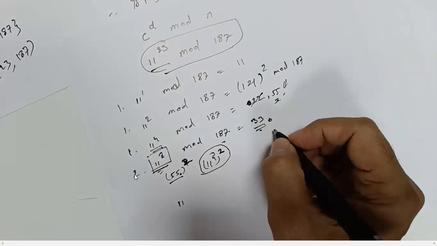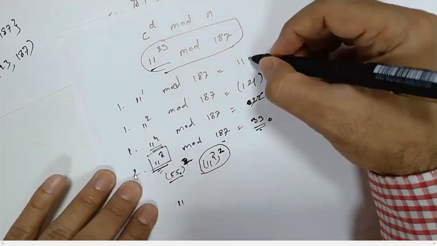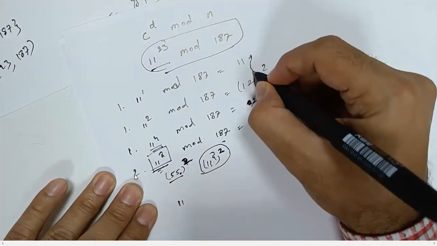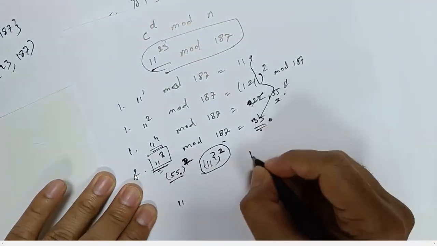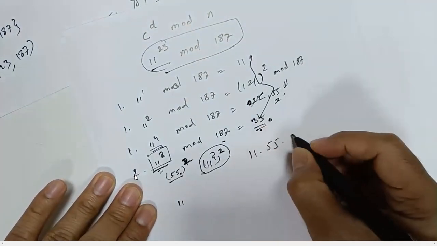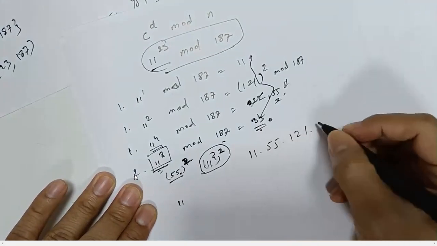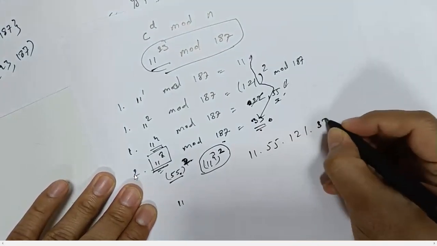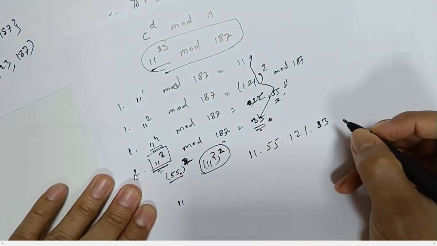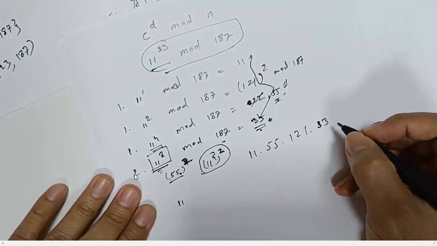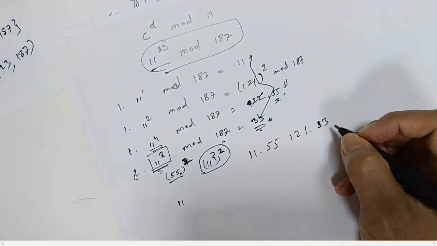Okay. So now you have to multiply all these numbers. 11, 55, 121. I'm sorry, the sequence is wrong. 33. No, again, is it correct?